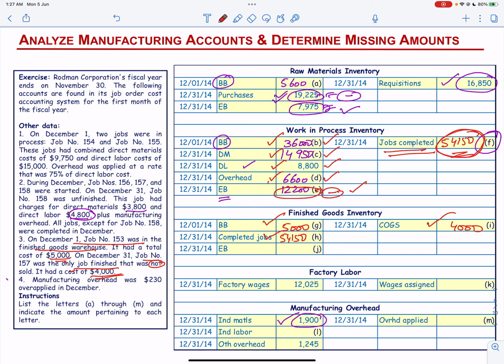That will give us the ending balance of 55,150. So we have the beginning balance of 5,000 plus the completed job 54,150, and from this we are going to subtract the cost of goods sold 4,000, and that will give us 55,150.